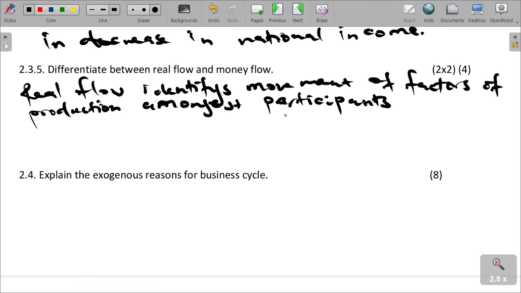Households sell their factors of production in order to get money, and business enterprises combine and transform these factors in order to produce goods and services that they sell to the market.